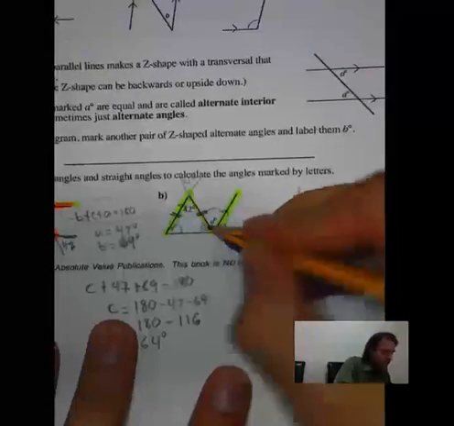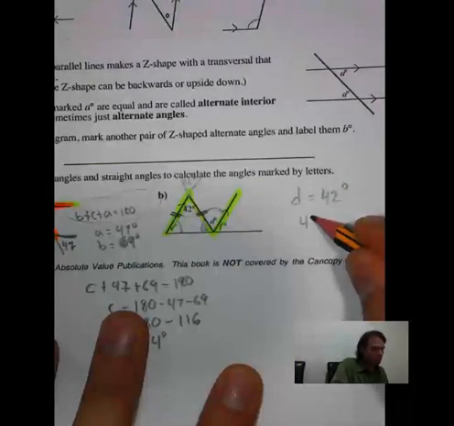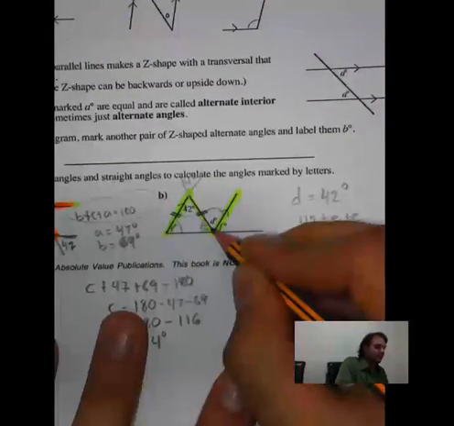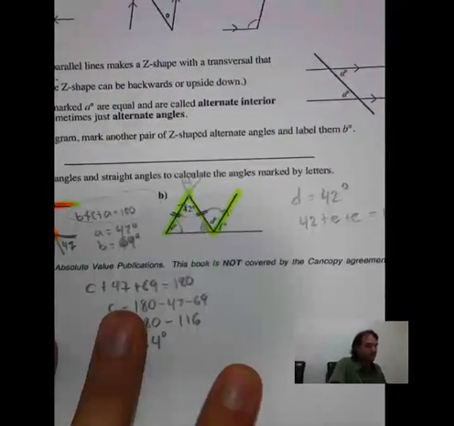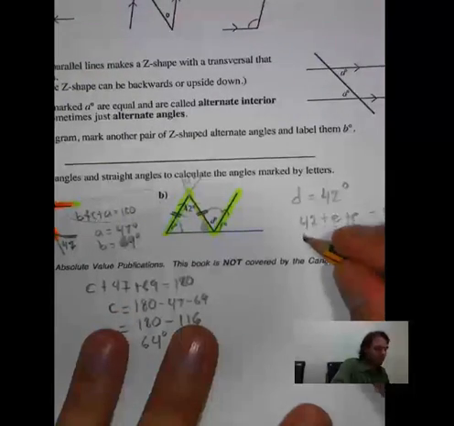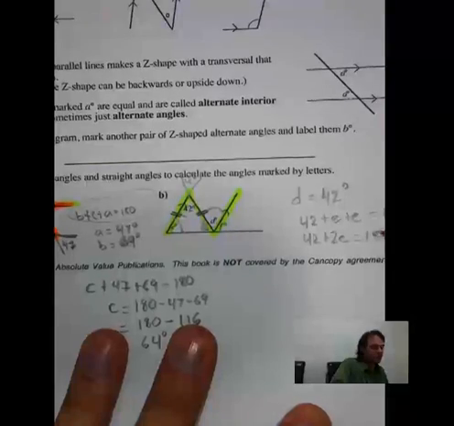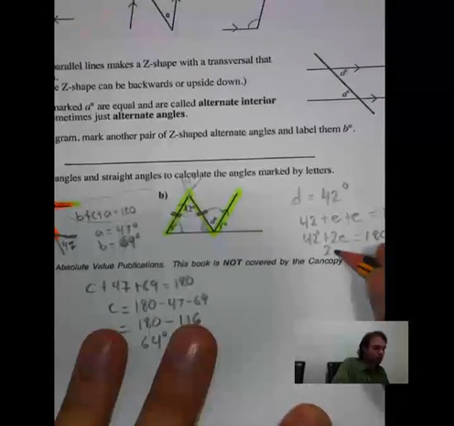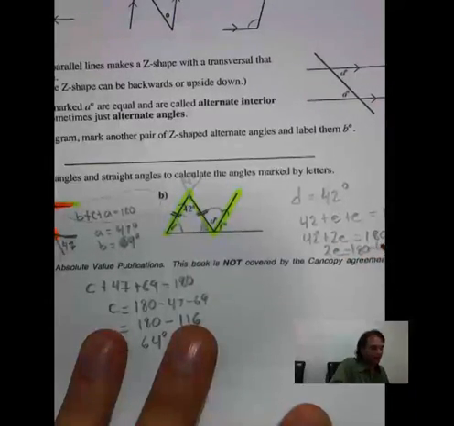So we could say this is E as well. So we know that 42 plus E plus E, because these two angles are the exact same, is equal to 180. Okay? So I have 42 plus 2 E's is equal to 180. Well, then 2E is equal to 180 minus 42.